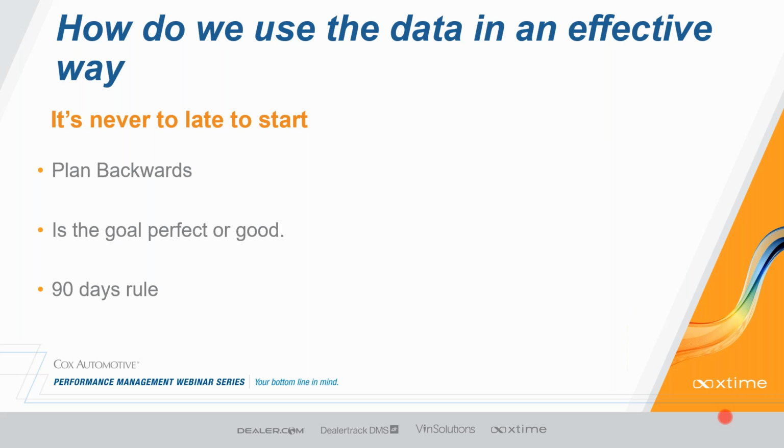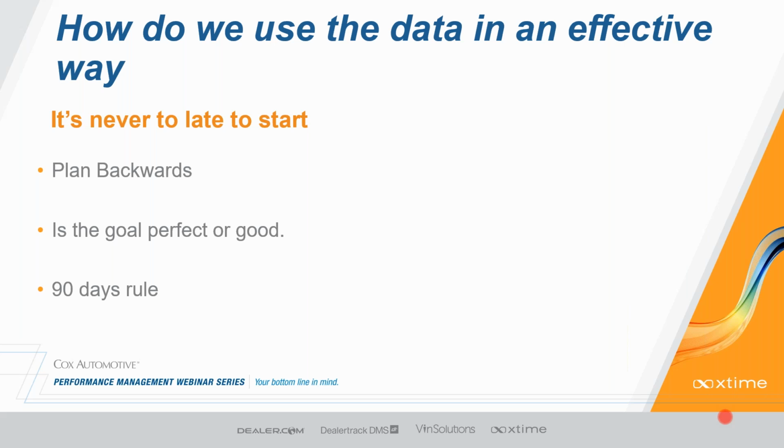And I say after 90 days, it's a lot different. In the beginning, when you set up an alert in the system from a management perspective, alert me every time a video is not created or a video is not sent by an advisor, that can be overwhelming because you may get tons of those. So after that 90-day rule, you can look back and say, okay, let's change this up. I can't look at this stuff every day.